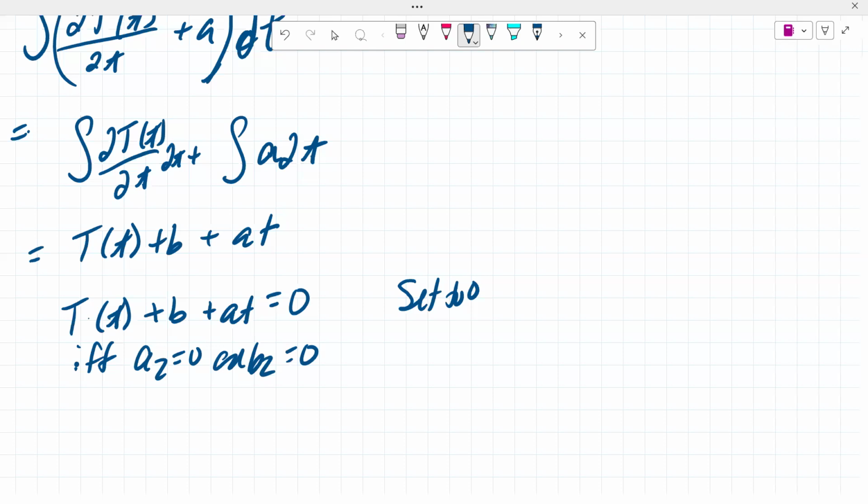Just want to make sure I didn't make any copy errors here. Oh, I just switched the order. Sorry, I'm going to make a little adjustment here. I'm just switching the order of the terms, that's all.